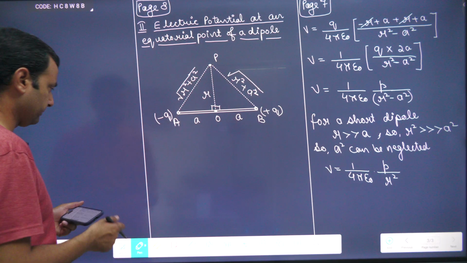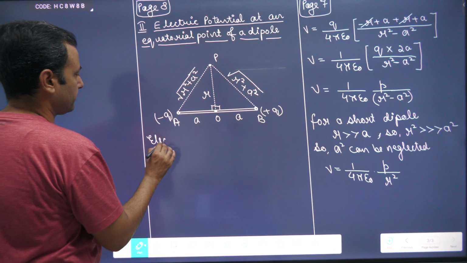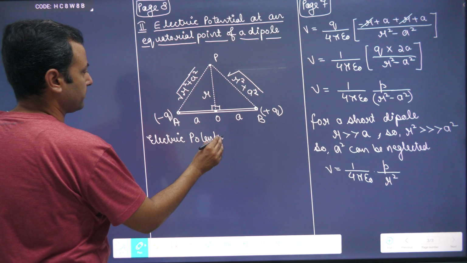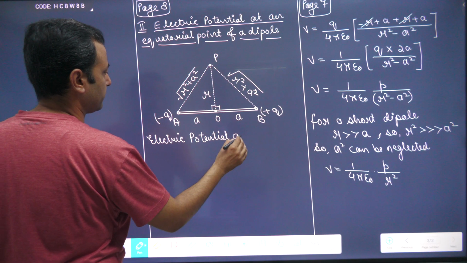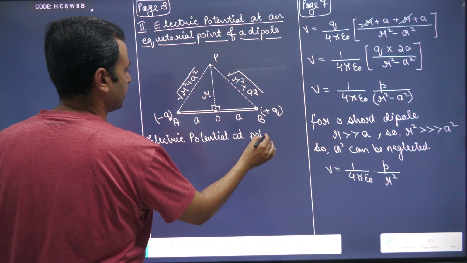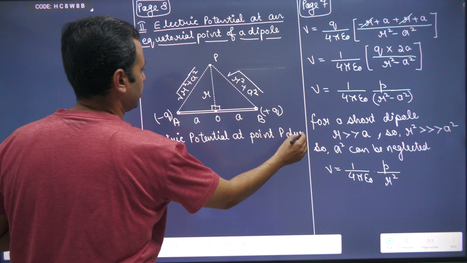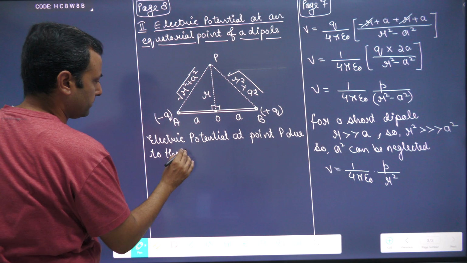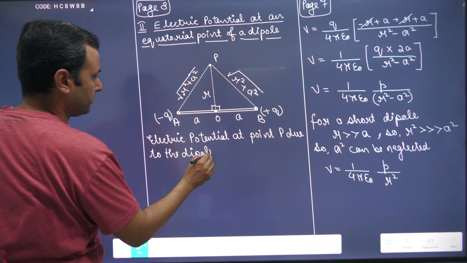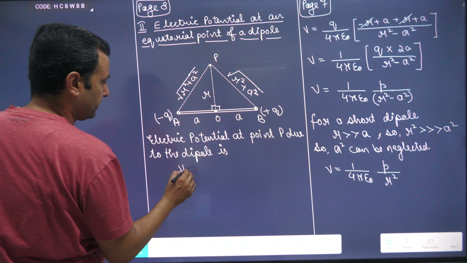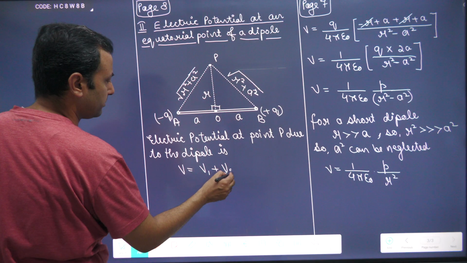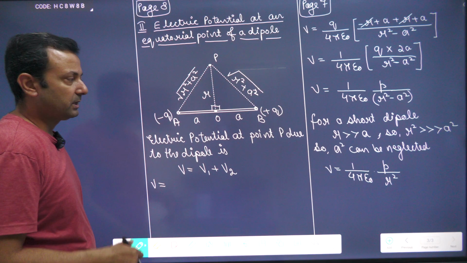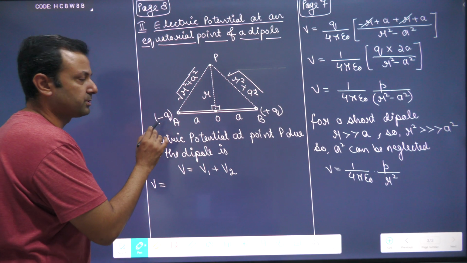Now, electric potential at point P due to the dipole is V equal to V1 plus V2. What is V1? V1 is the electric potential due to charge minus q.